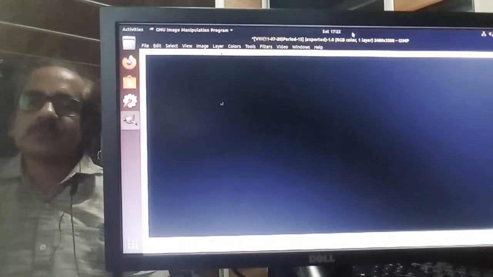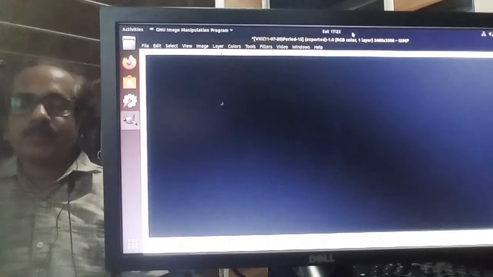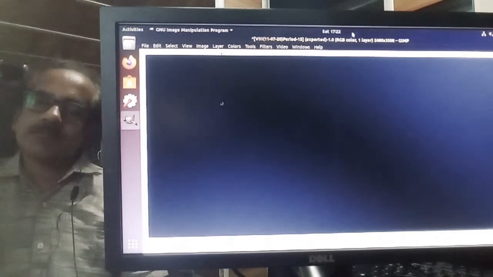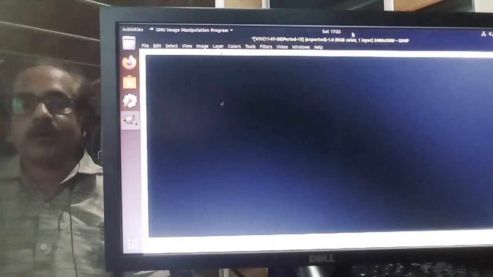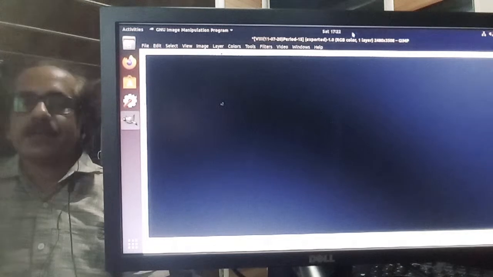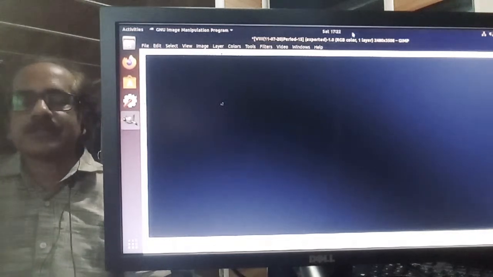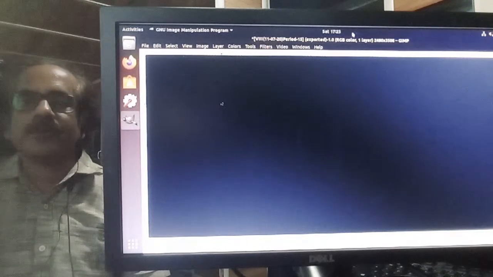Prefix means using the operator before the operand, and postfix means using the operator after the operand. And I gave you the demonstrations also last day, showing in what way postfix and prefix operations are performed in the expression.